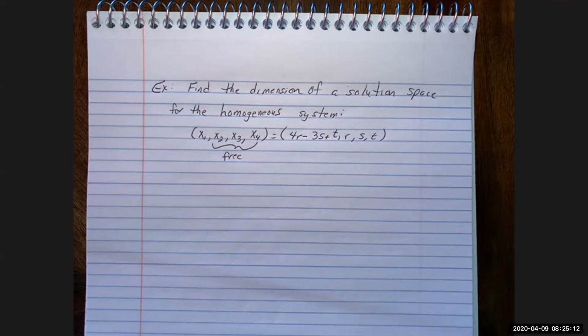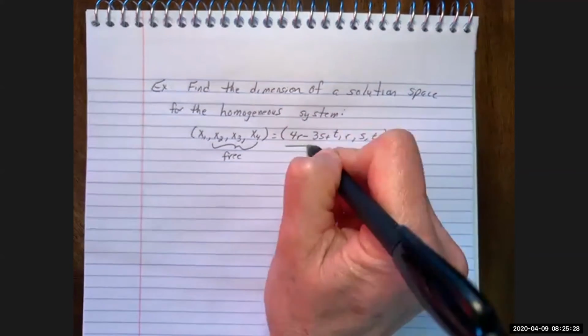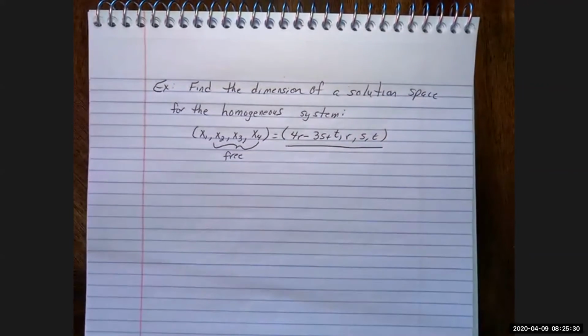And they want us to give a basis or find the dimension of the solution space, so all the solutions to the homogeneous system. In order to do that, we need to find out how to write this solution as a linear combination of some vectors.